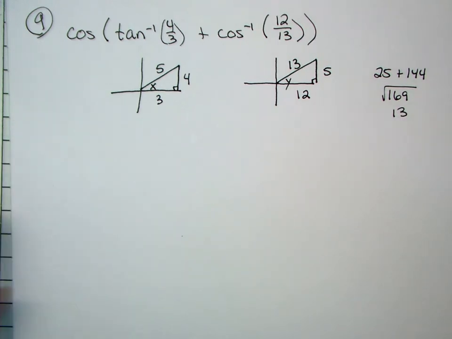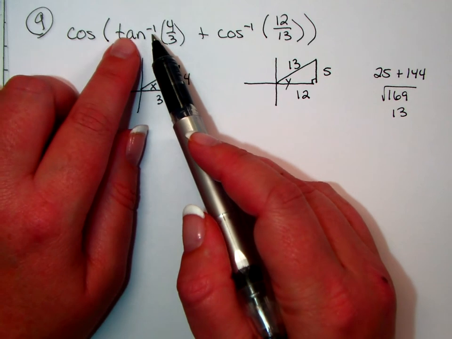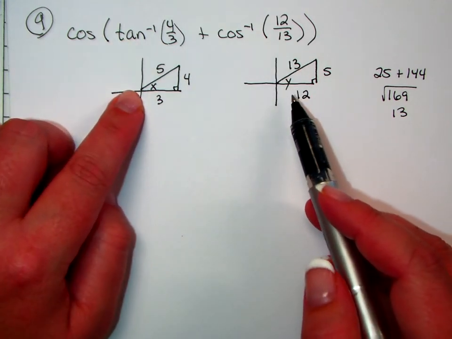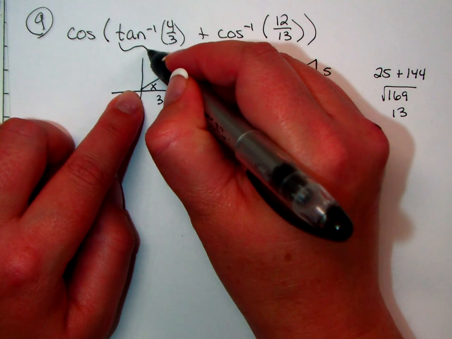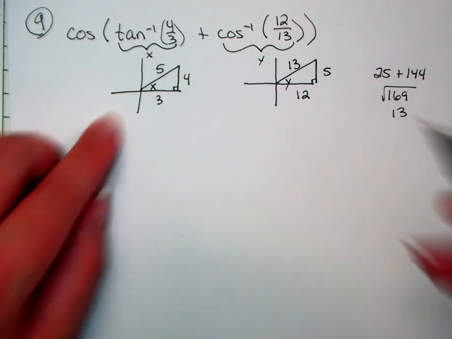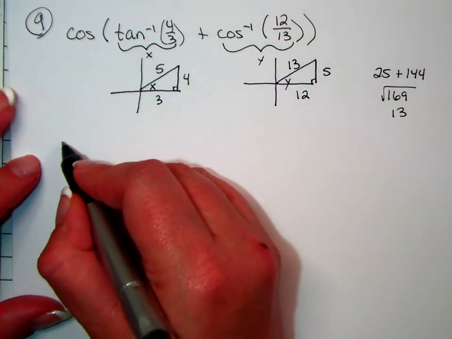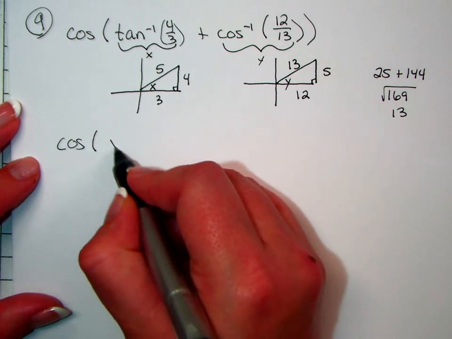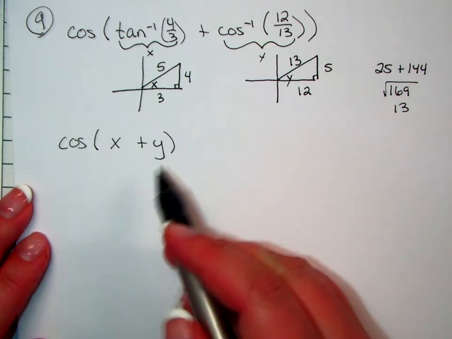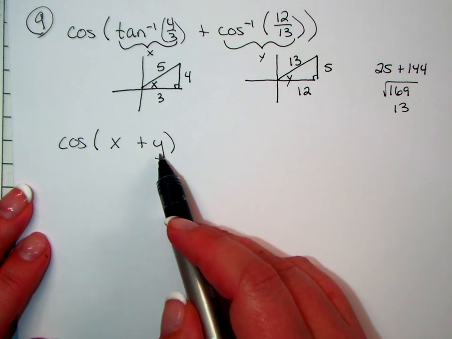All right, so I kind of drew the triangles for inverse trig functions because that's what I want you to be able to do. This answer is just x, and this answer is just y. So watch this. We now can write this problem as cosine of x plus y. Some angle x plus some angle y.